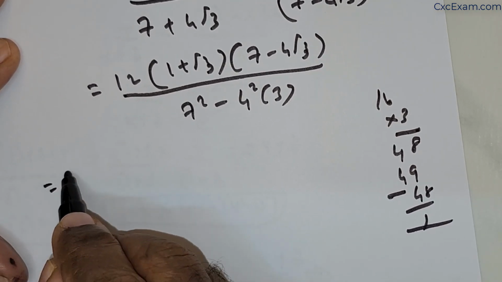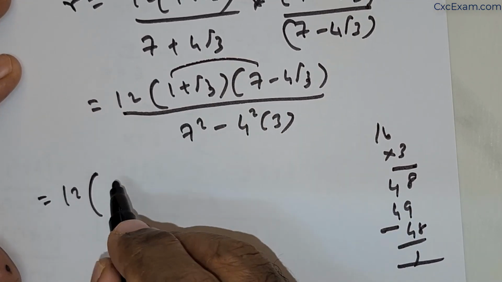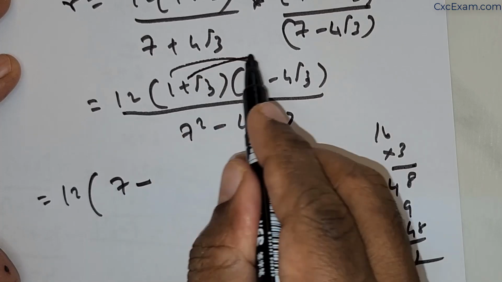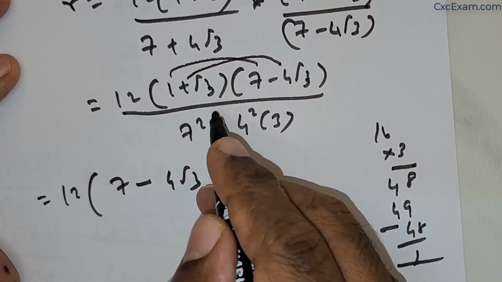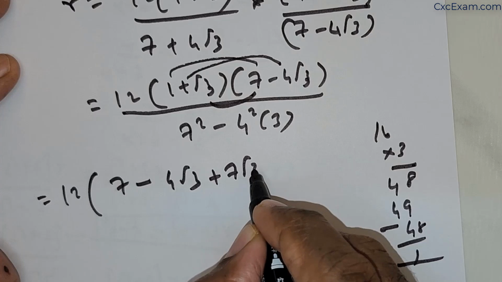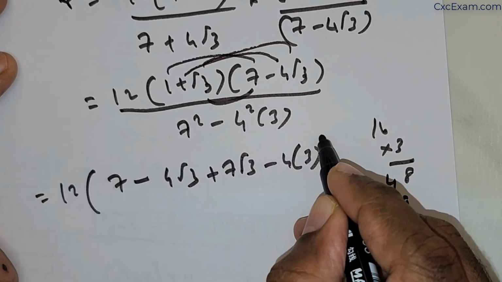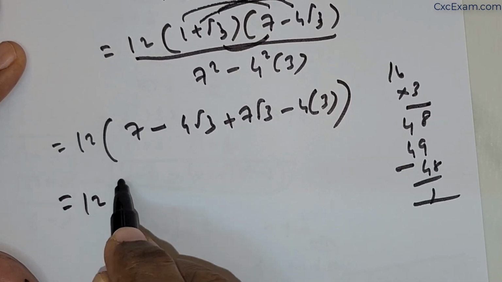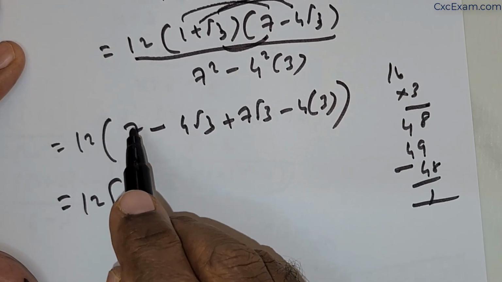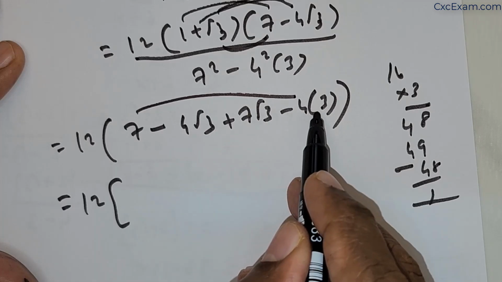So this is going to be 12 of, you multiply 1 with 7 and then with negative 4 into root 3, and then 7 into root 3, and then negative 4 root 3 into root 3 will give you 3. So this is going to be 12 of 7, 4 times 3 is 12.